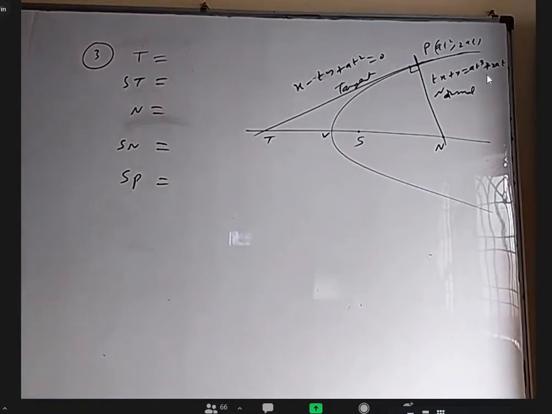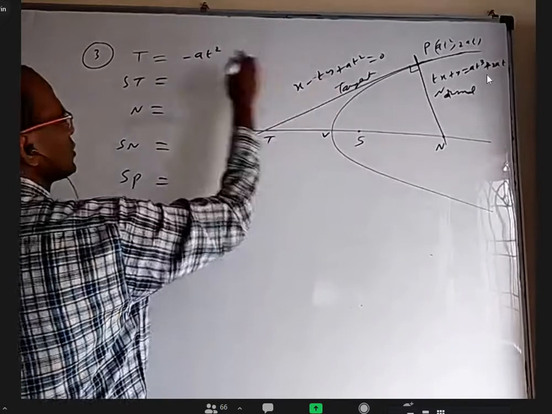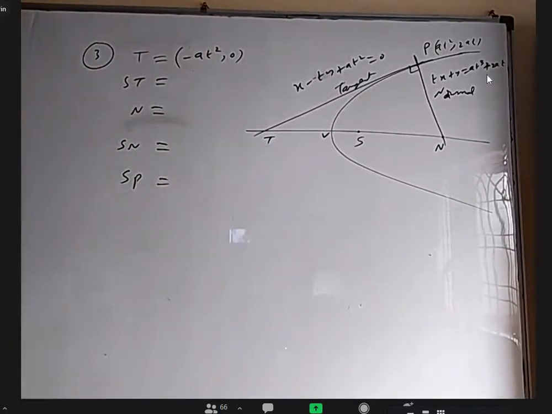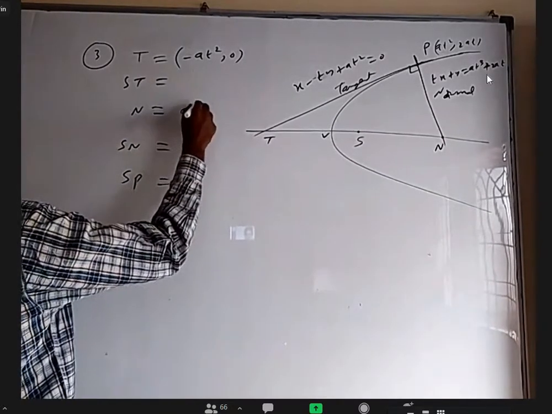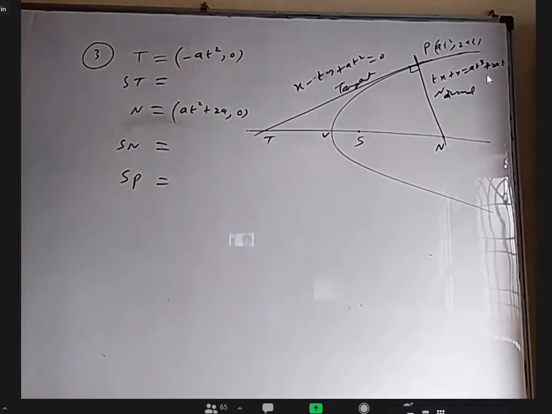You put simply y equal to 0, you'll get T as (minus at², 0). Sir, N is (at² plus 2a, 0). At² plus 2a. Yes, sir, 2a.